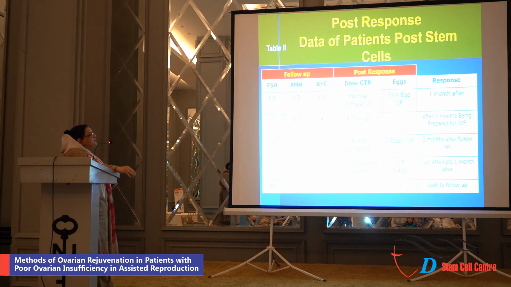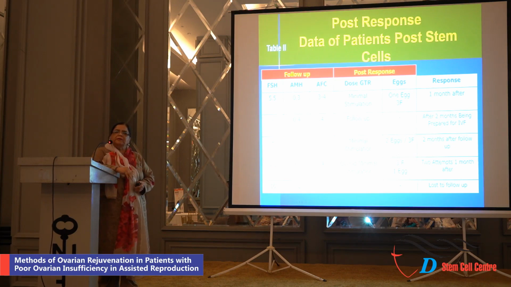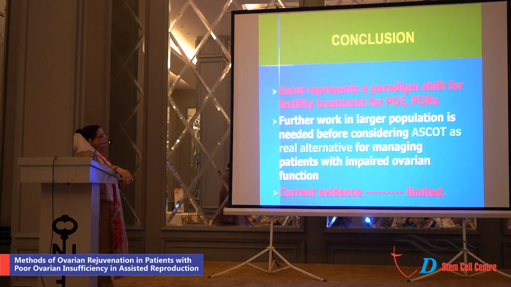Our results show that in 60% of the patients, the marker of ovarian reserve, AMH, improved, and with cost-effective medication, simple clomiphene citrate and a low dose of gonadotrophins, we were able to get eggs in those patients where there was no response before. So this is known as autologous stem cell ovarian transplant, ASCOT.